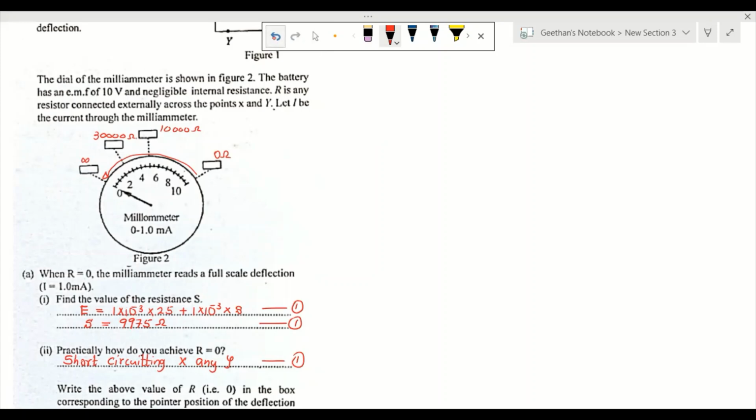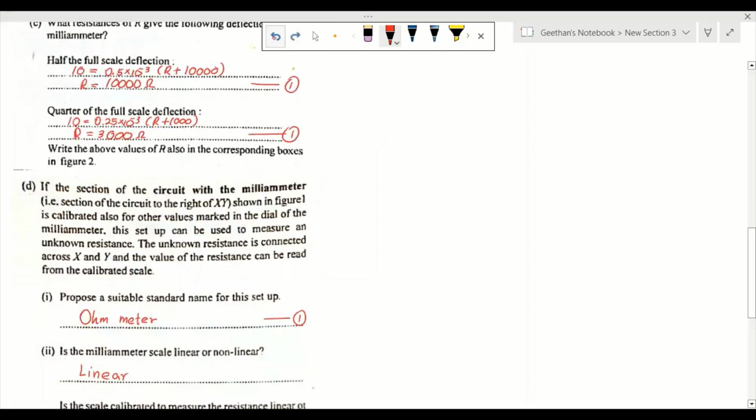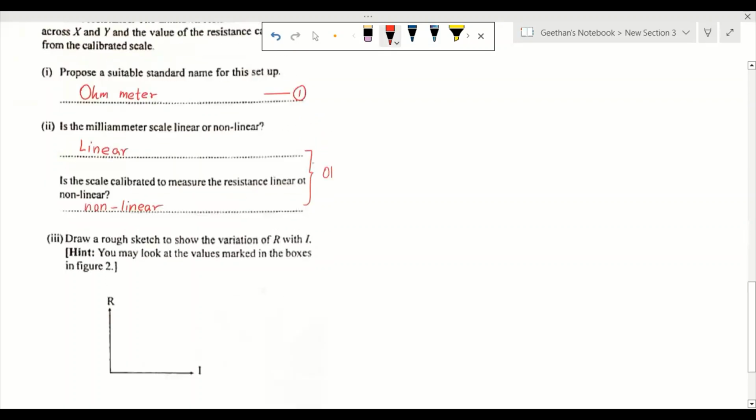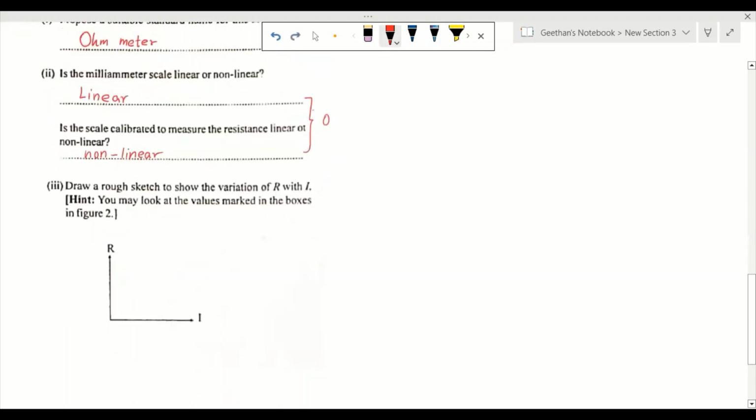From the theory also you have learned this, so you know already that it is not linear. So we write non-linear. Writing both answers properly, you get 1 mark.